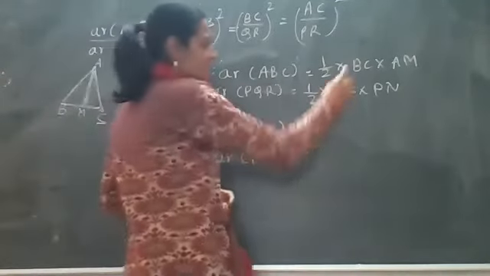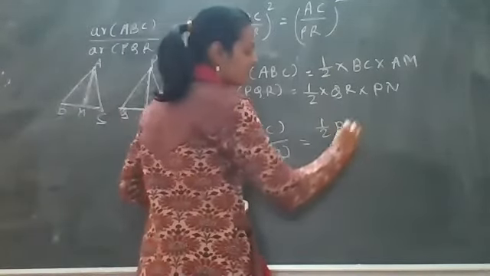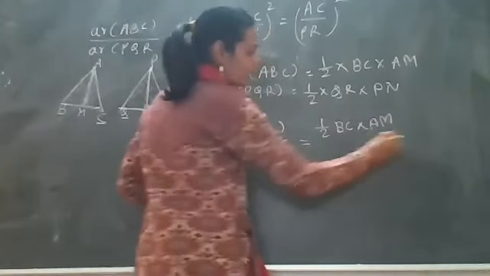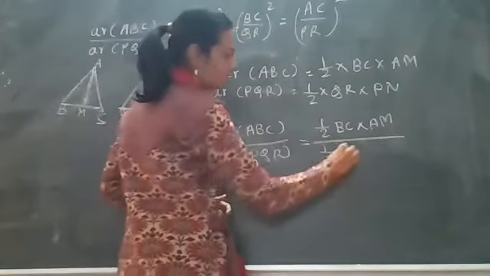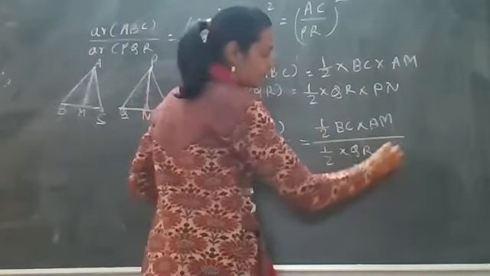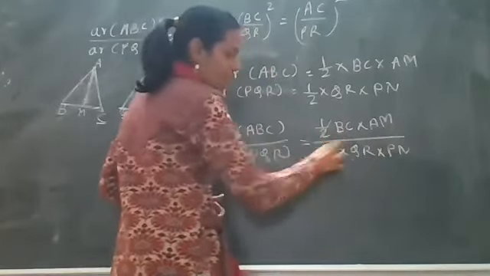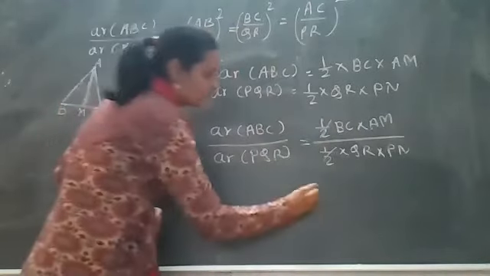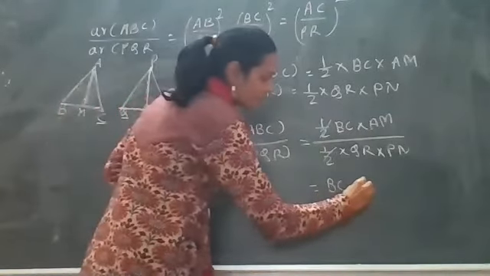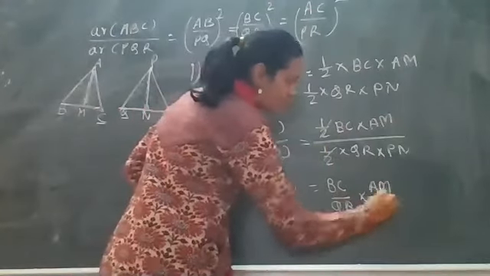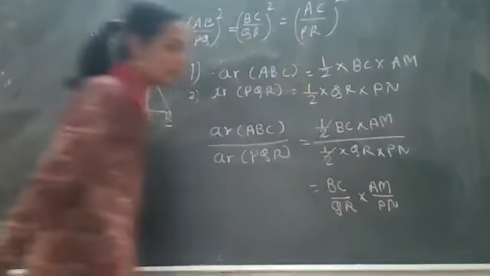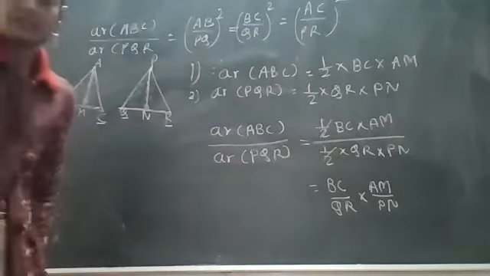Area of ABC is given as 1/2 BC into AM, divided by area of PQR, which is given as 1/2 QR into PN, right? So 1/2 we cancel out. The remaining is BC upon QR into AM upon PN. Is that clear to everyone? Did you understand this much?